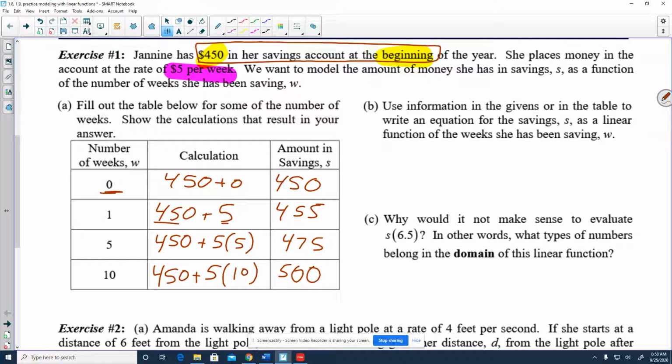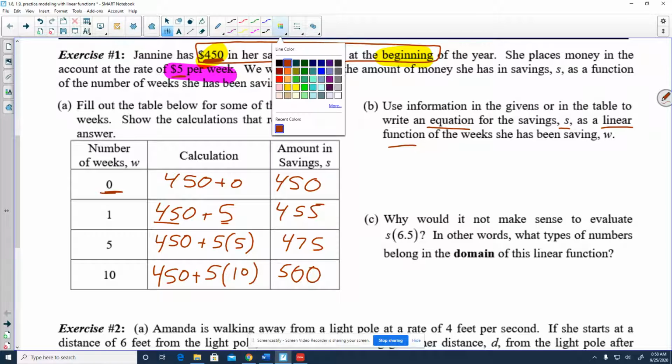Okay, so now letter B says to use information in the givens or in the table to write an equation for the savings S as a linear function of the weeks she has been saving W. All right, so I highlighted these in yellow and this in pink or purple because $450 is our initial amount. Okay, $5 per week is our rate. So I'm going to write that down again just to reinforce that.